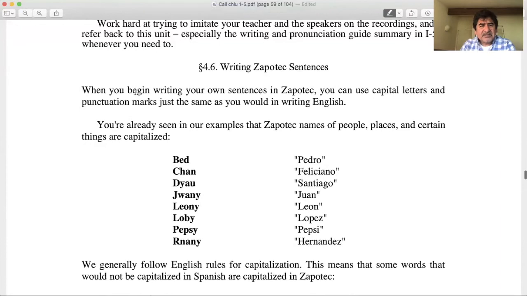As you can notice here, at the beginning of a sentence, we use capital letters, and punctuation marks are the same as in English writing. So that's the rule that we're going to be following with Zapotec, okay? Just think about the way in which you write sentences in English is the same way that you are going to be writing Zapotec.